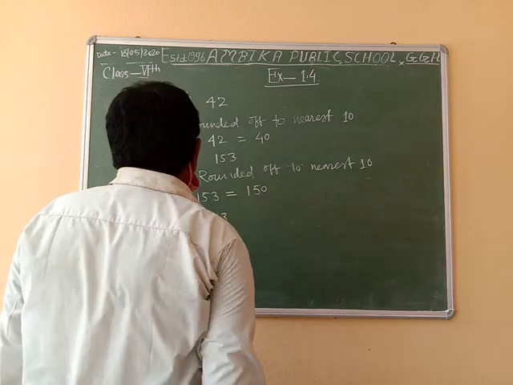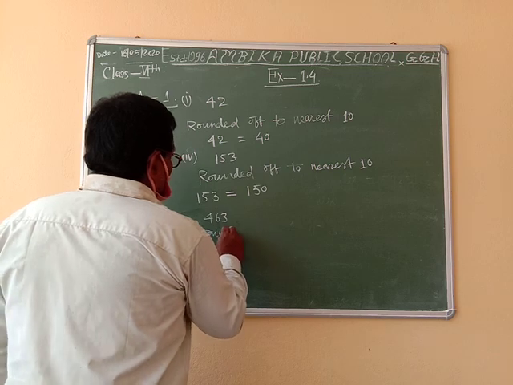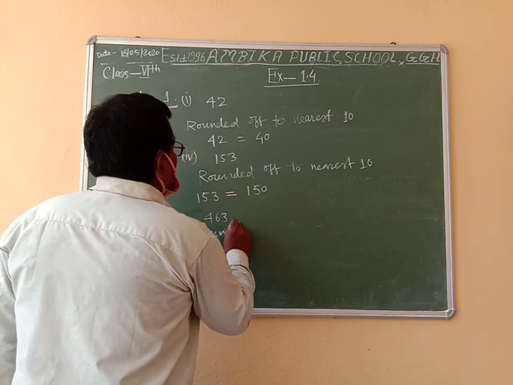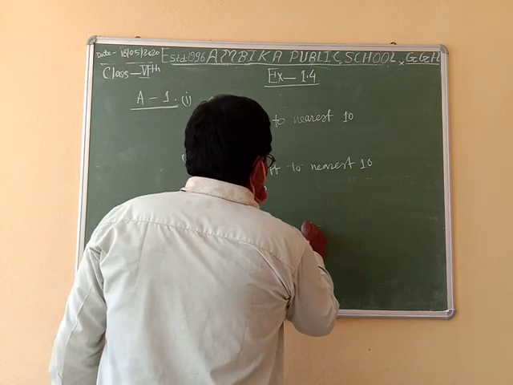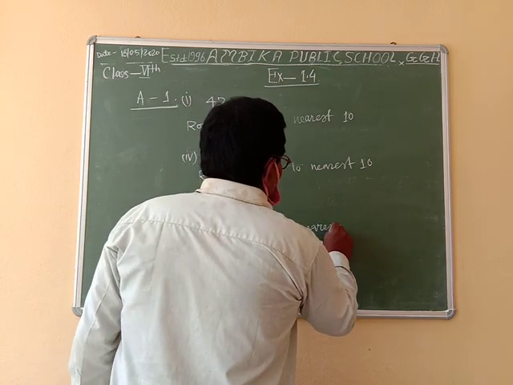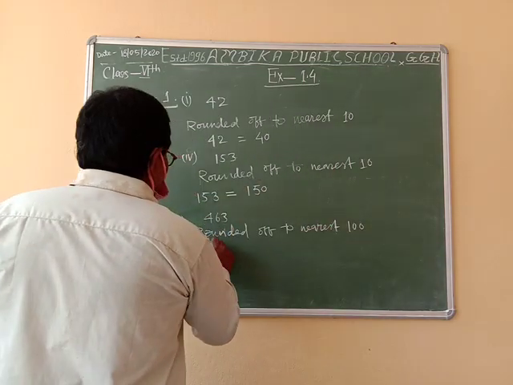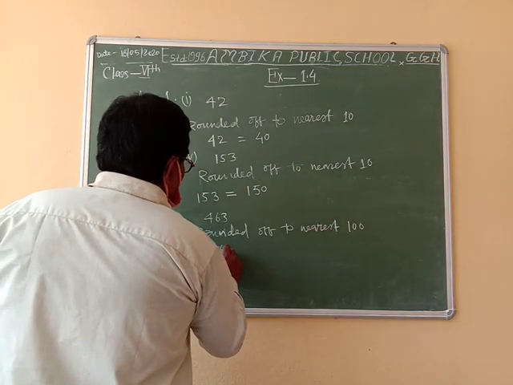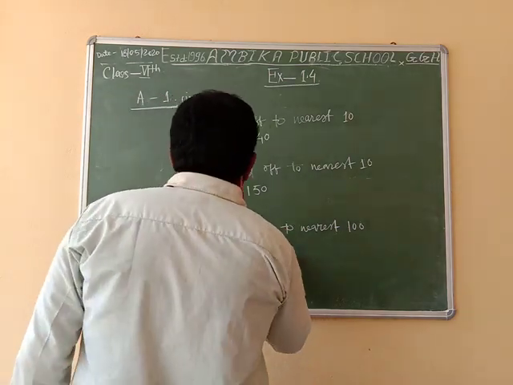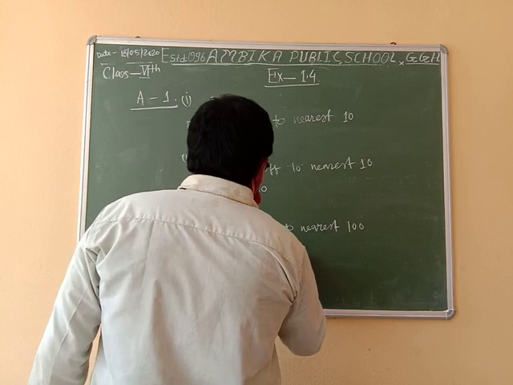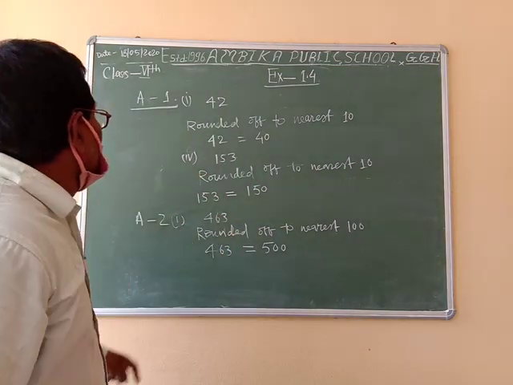Rounded off to the nearest 100, 463 is equal to 500, because the tens digit is more than 5.